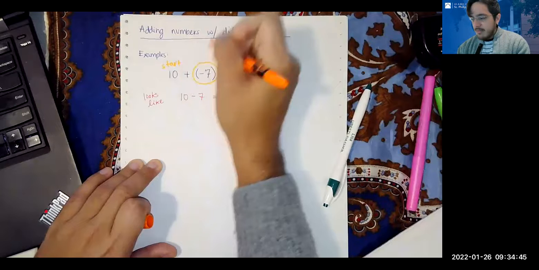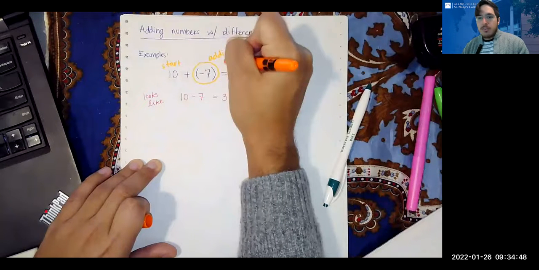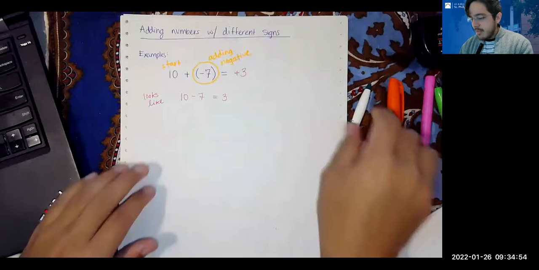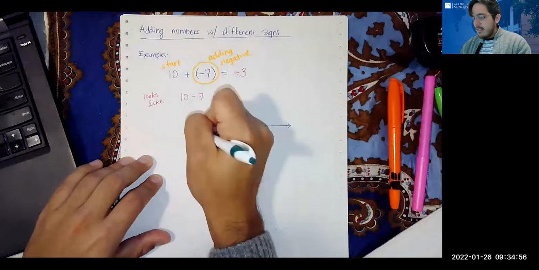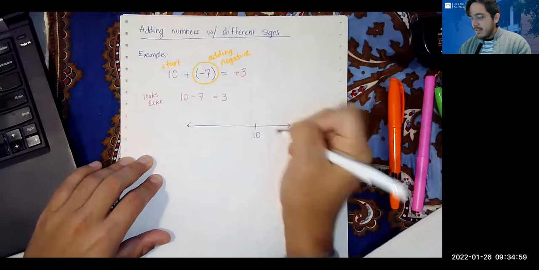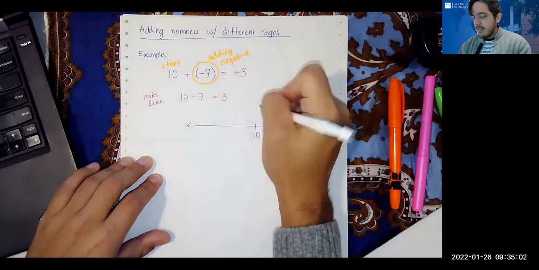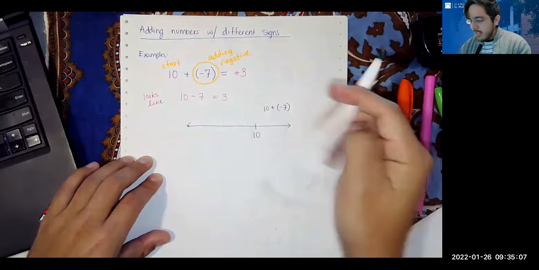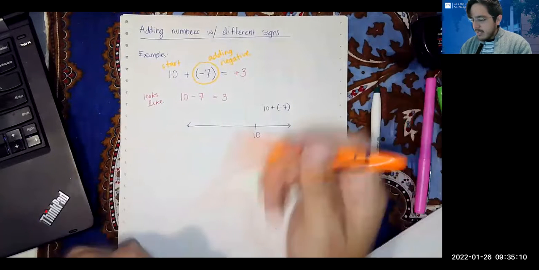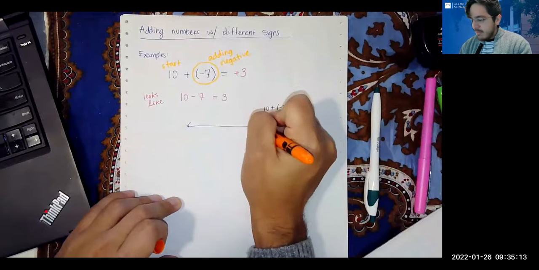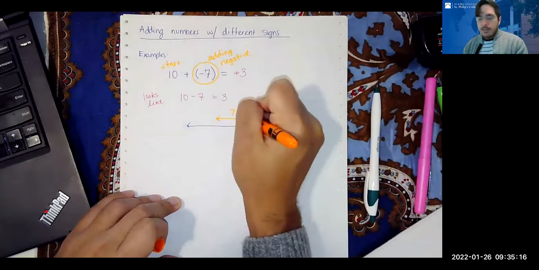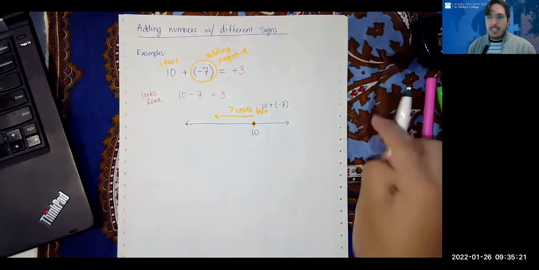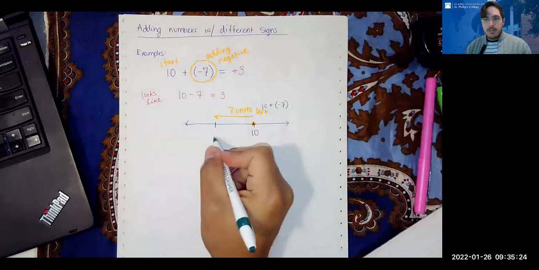Adding a negative should move us to the left on the number line, right? So if you think about the number line here, and we start at 10, and we want to take 10 plus our -7, that means that we should be moving from our starting location in the left direction, 7 units to the left. And then this should be a smaller number because we moved to the left. So it should be 3.